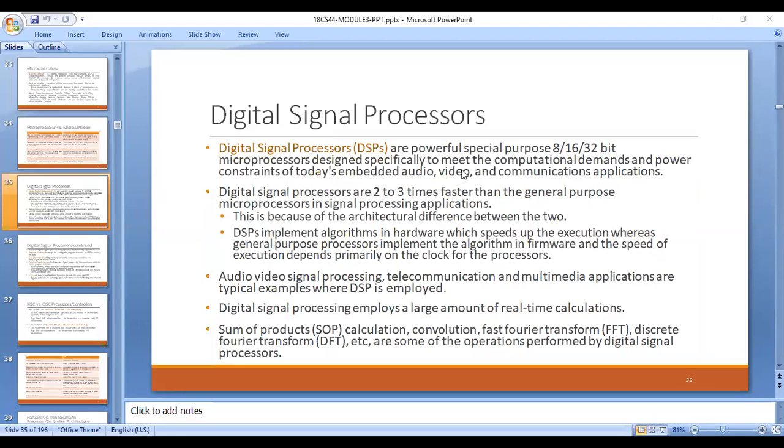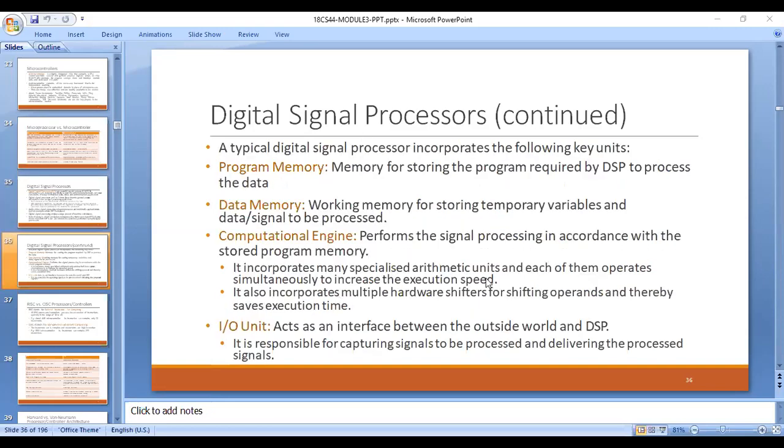They are basically used to compute sums of products, convolutions, fast Fourier transforms and such, and even large matrix multiplication. For such applications, you use digital signal processors, right? These are the key units of DSPs. We have seen all these things.